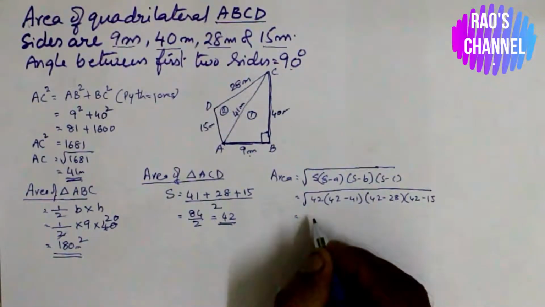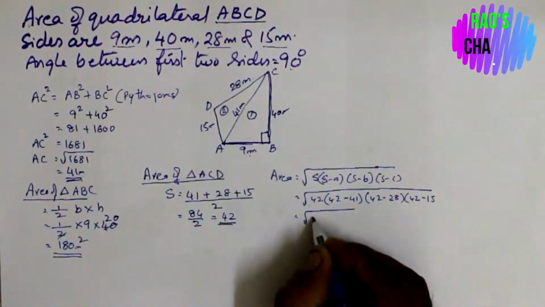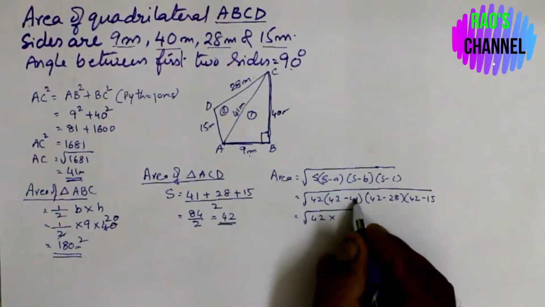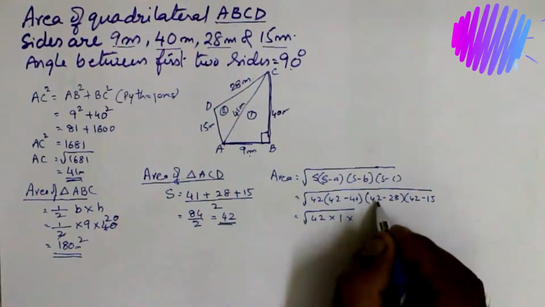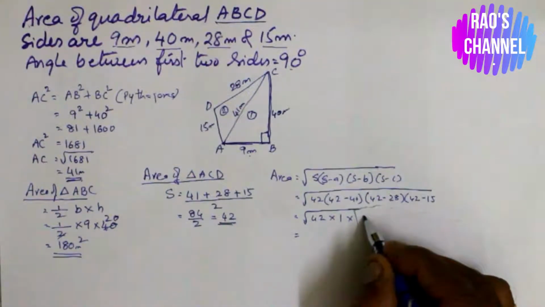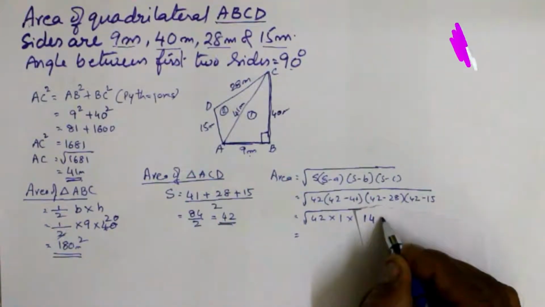So it's under root 42 into the difference of these two, 1, into 42 minus 28, 14, into 27.